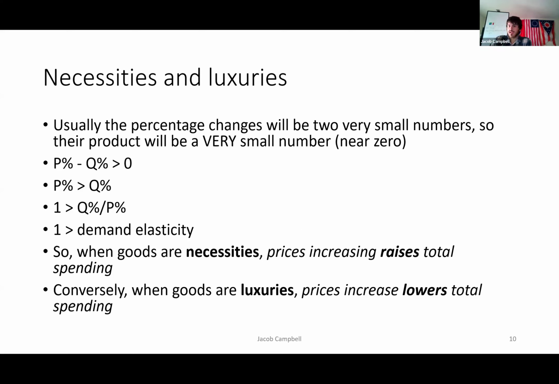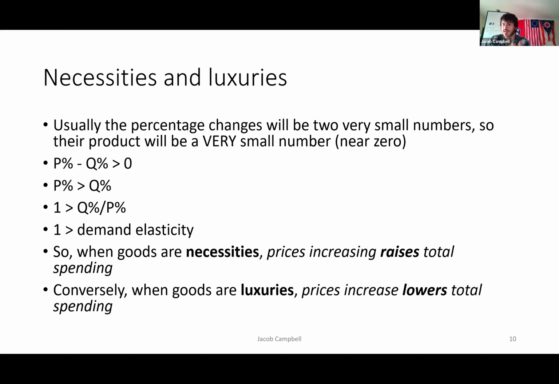Now, this bears thinking about just a little more, right? Because with both necessities and luxuries, you cut back on how much you buy. The law of demand holds for both of them. In both cases, if I make something more expensive, you're going to buy less of it. But the thing is, the price has still gone up.